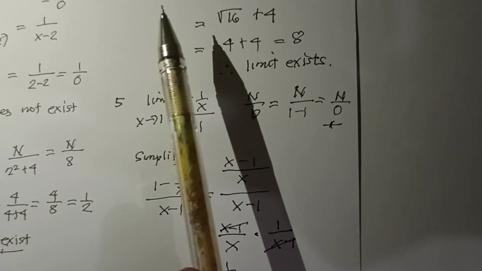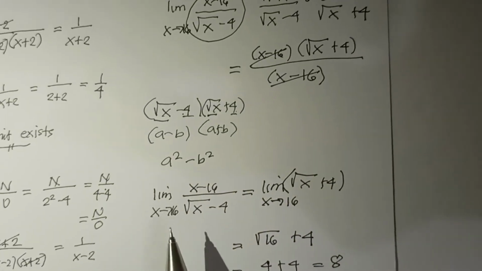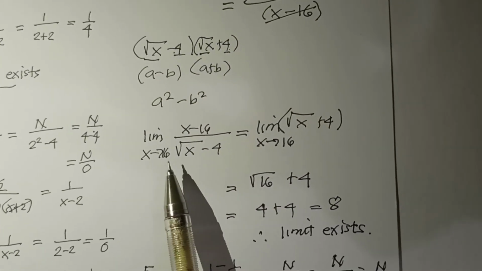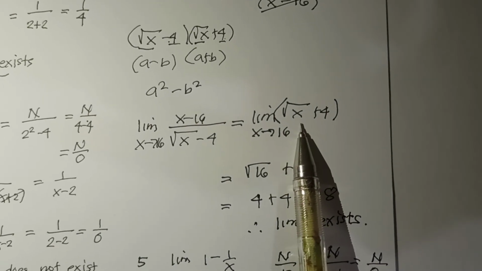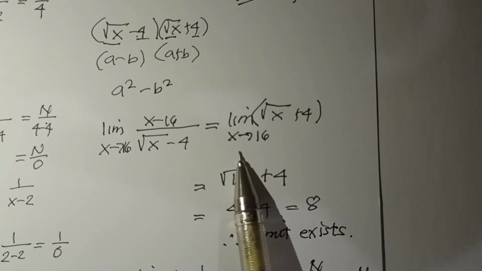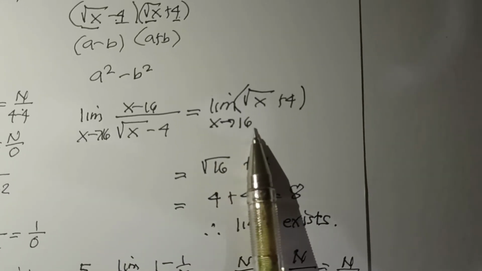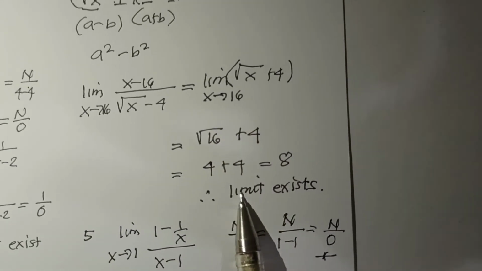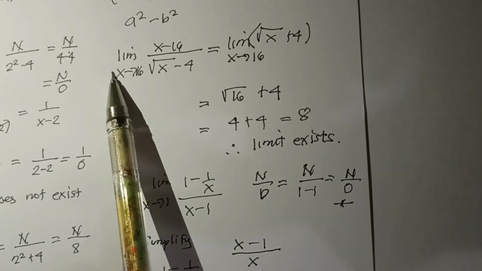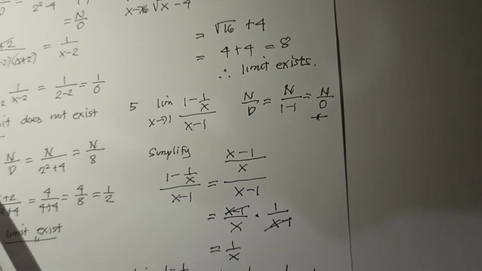So the limit of x minus 16 over the square root of x minus 4 is equal to the limit of the square root of x plus 4 as x approaches 16. So just simply substitute. Therefore, the limit exists at this part as x approaches 16.